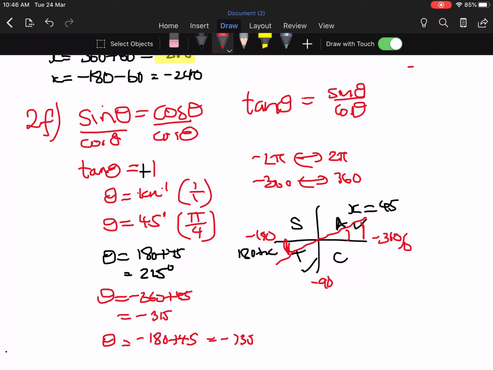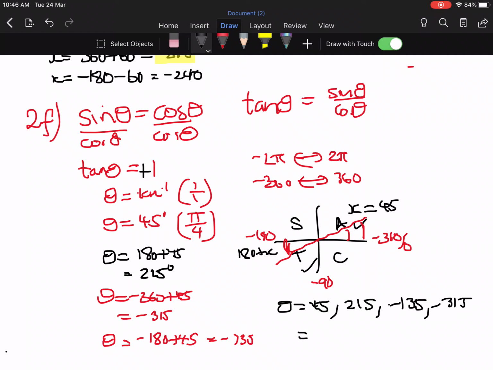And that gives me negative 135. Okay, so I'm just going to sum this up here. So what are all my answers? So theta is equal to 45, 215, negative 135, and negative 315.